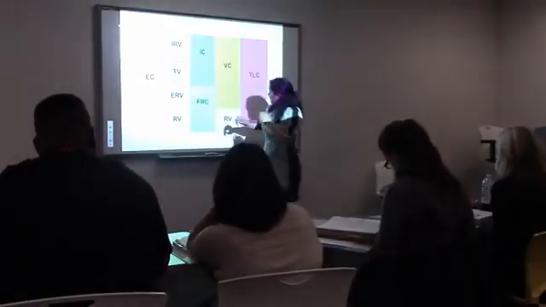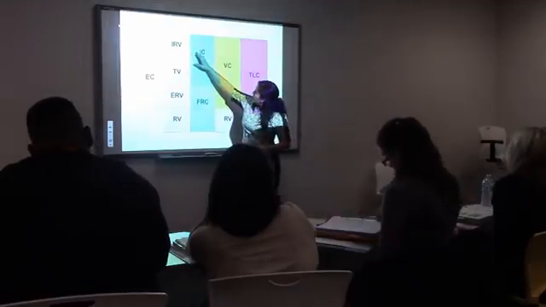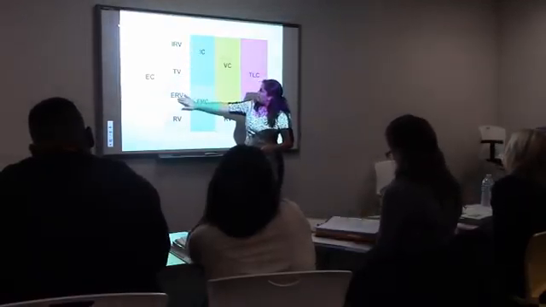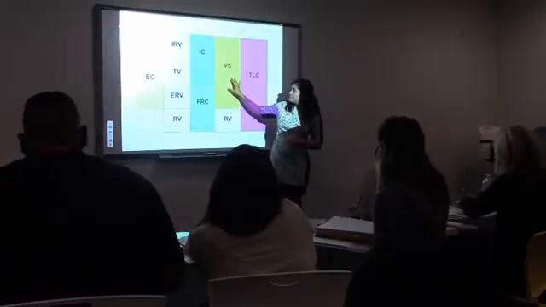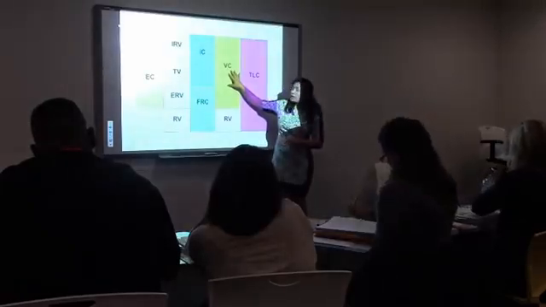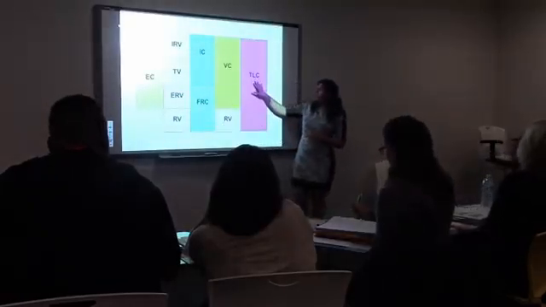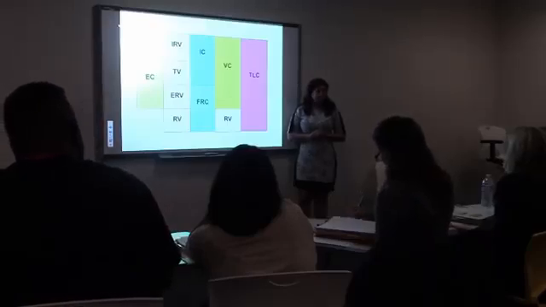Now, VC is IRV, TV, and ERV give you VC, right? So these three come together giving you VC. VC plus RV come together give you TLC, right?